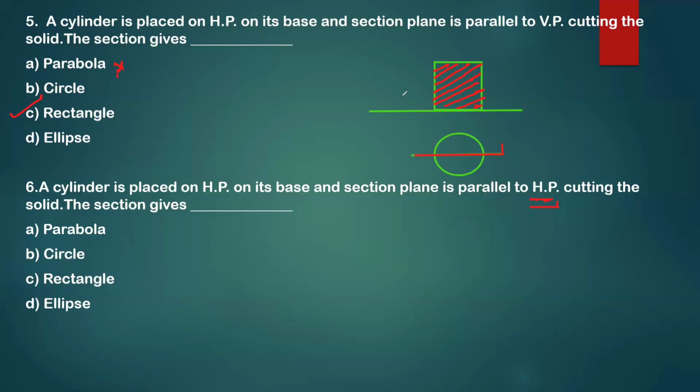We can take the same figure here for this. Let's suppose this is our cutting plane, and this cutting plane is parallel to HP, so it will come here, like this.